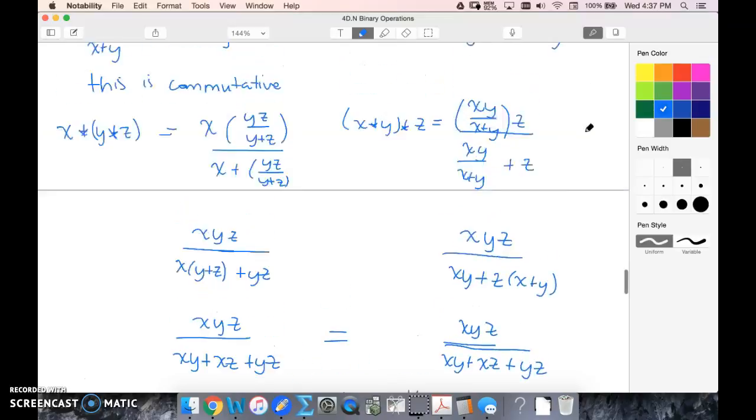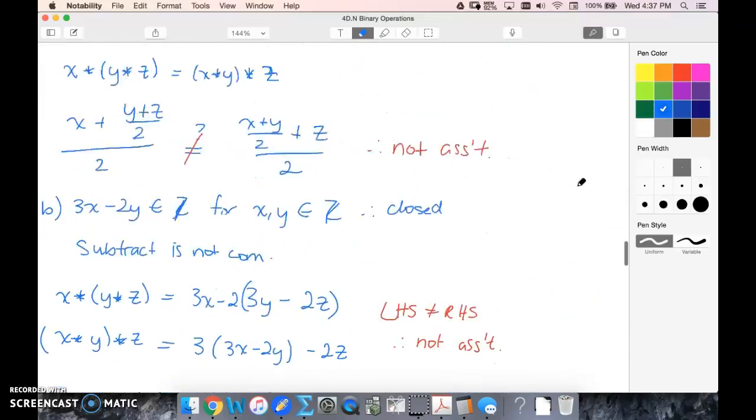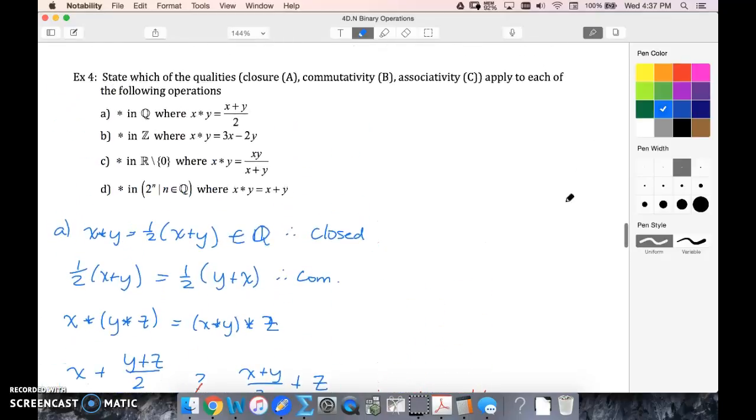All right, D is our last one here. In D, our set of numbers is 2 to the n, so 1/2, 1, 2, 4, 8, etc. And x star y is x plus y, and n is an element of the rational numbers.